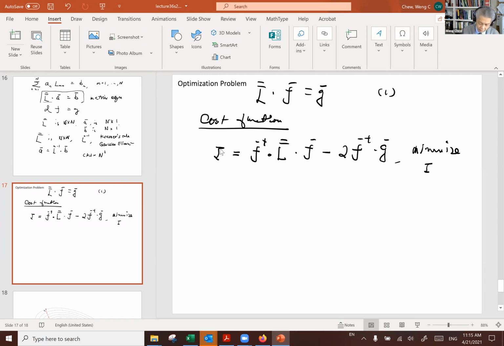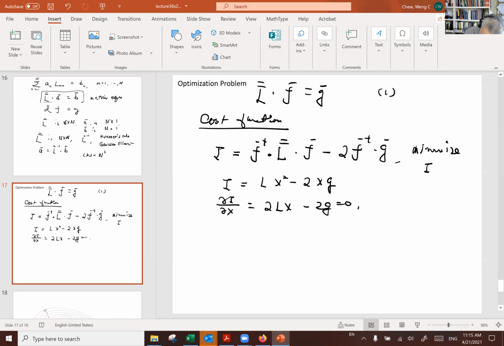Okay, how can we have some intuition about this? You can think of this as being very similar to one dimension. Say if I have a cost function like this, then the minimum of this, as we know from high school algebra, is obtained by differentiating this, which gives the derivative minus 2g.